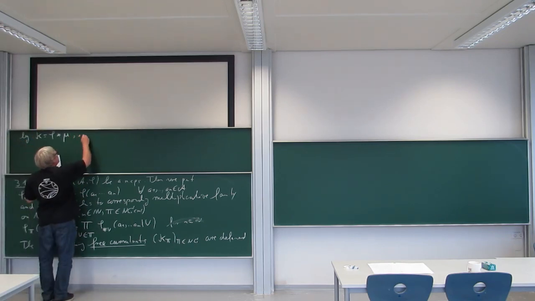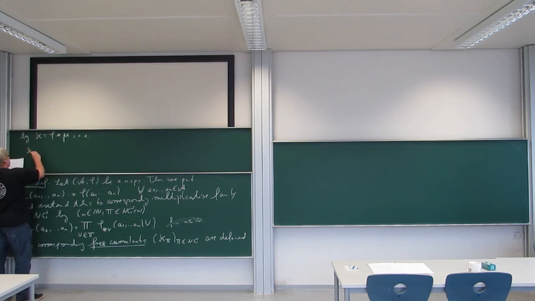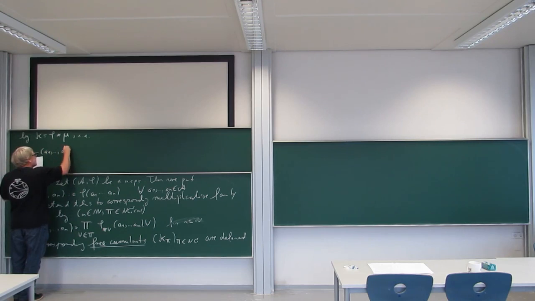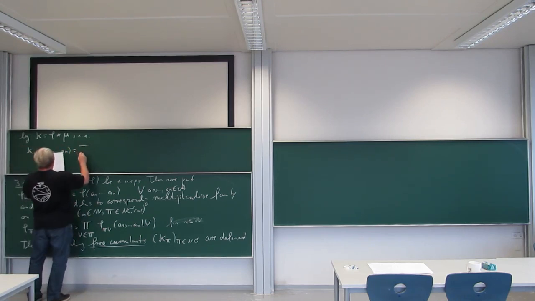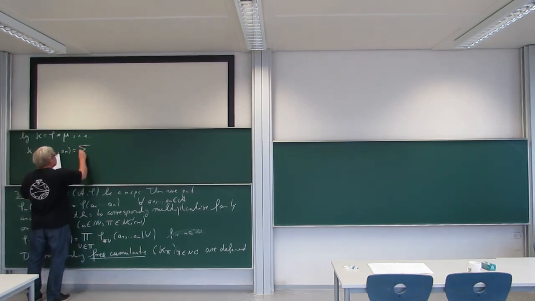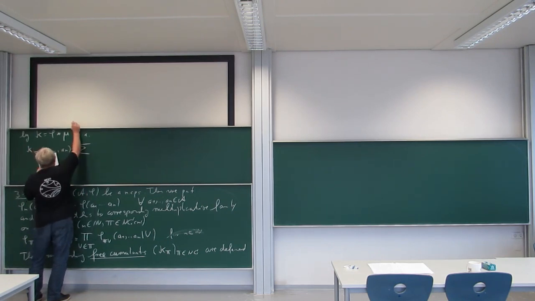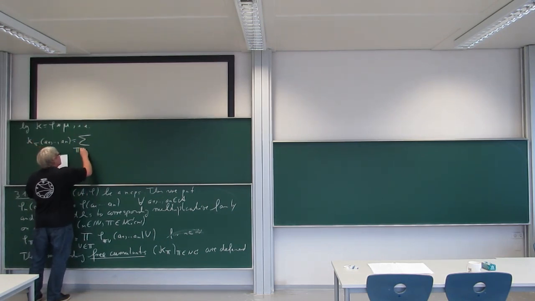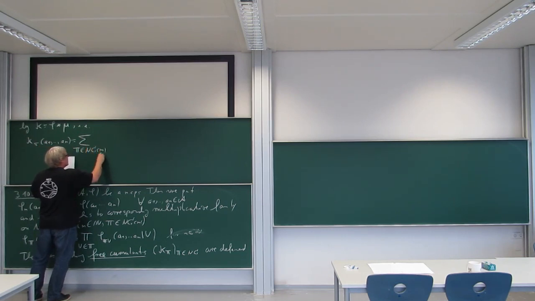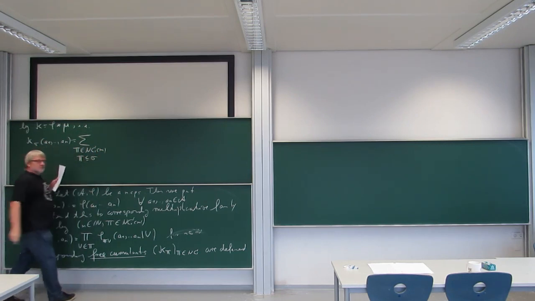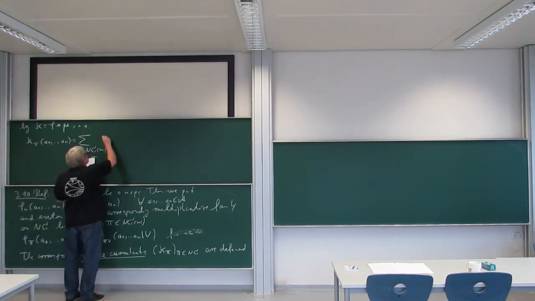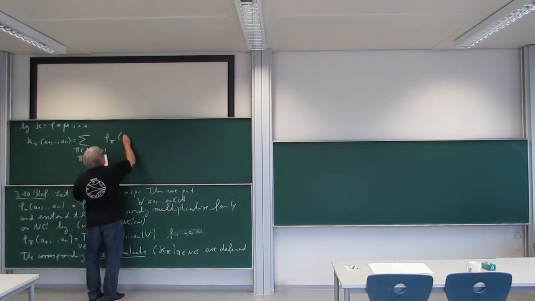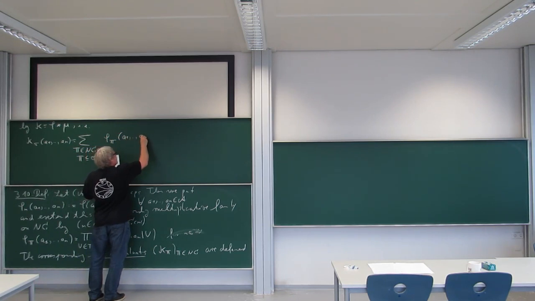So this means that kappa sigma of a1 up to an is given by summing over all pi non-crossing partitions. If I have here the argument sigma, I'm only summing over those pi which are less or equal to sigma. And then for each pi, I take phi pi of the elements a1 up to an.